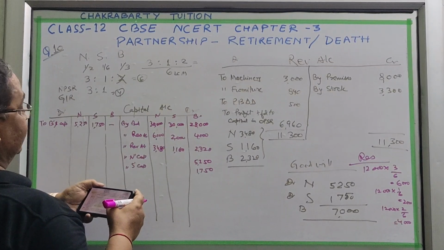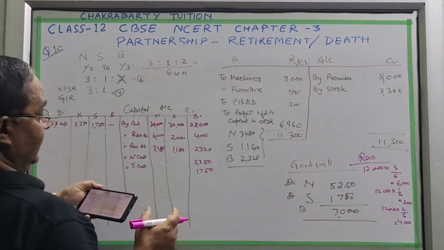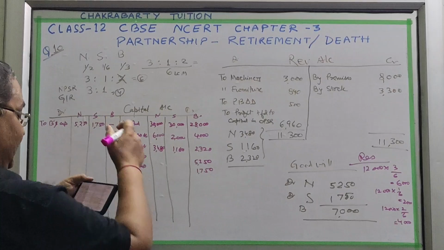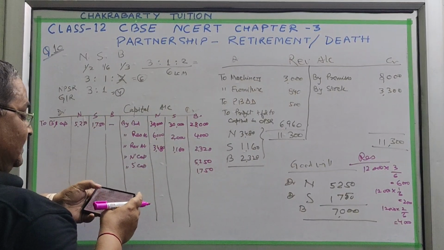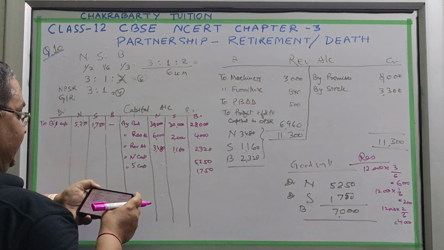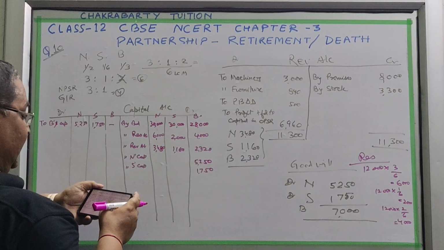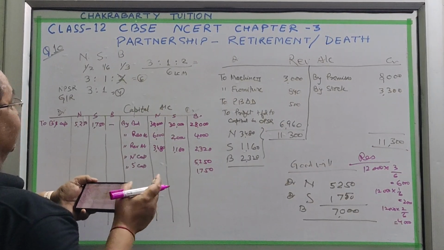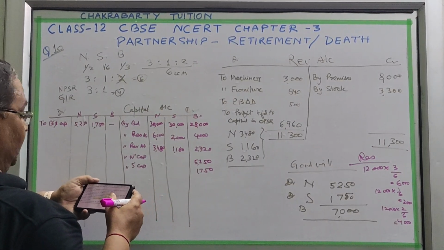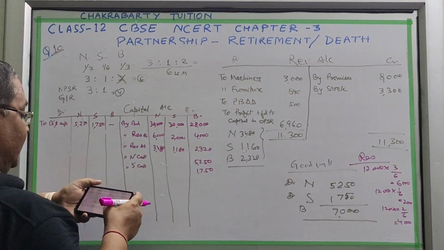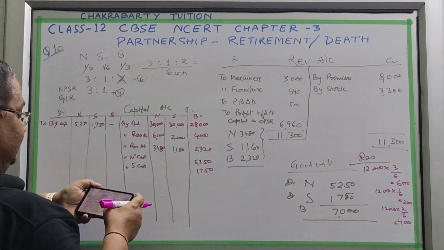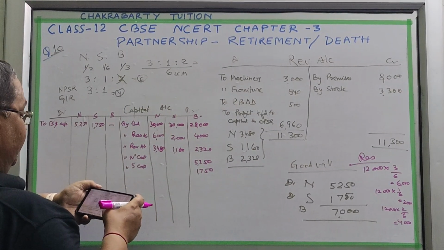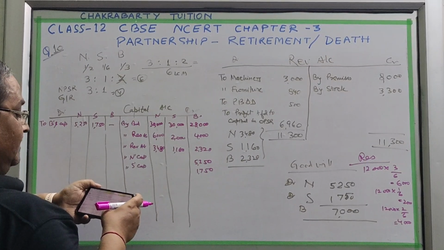Their profits have come. Now in the question, these two partners have to adjust their capitals in their new profit sharing ratio after retirement of Bajaj. Bajaj retires on which date?